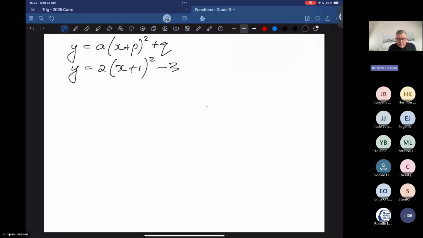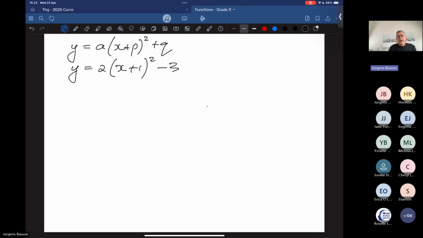You will agree when we look at this equation, the 2 tells us that the graph is narrower than the mother function. The minus 3 at the end means the graph moved 3 units down from where the turning point used to be at (0, 0). It's now at (0, minus 3).